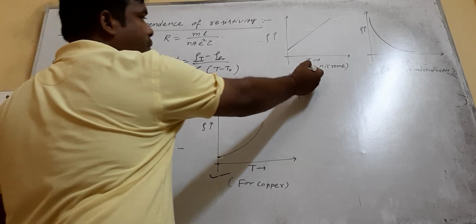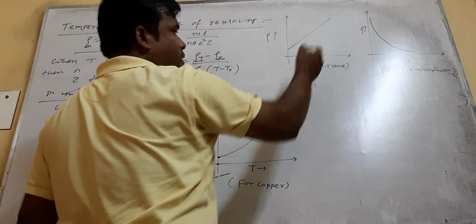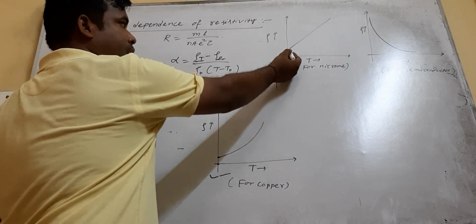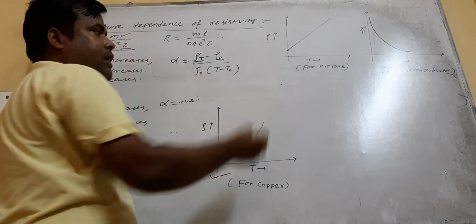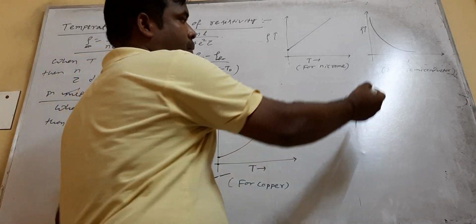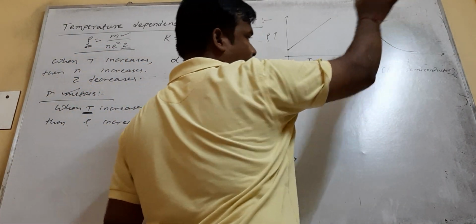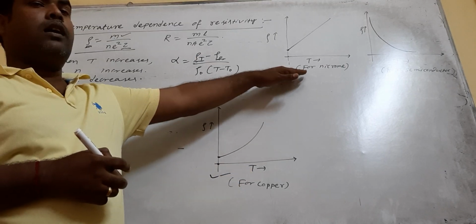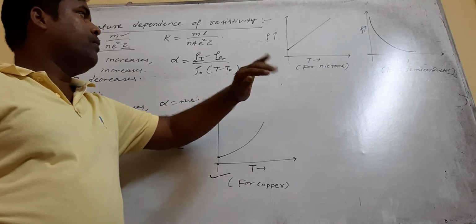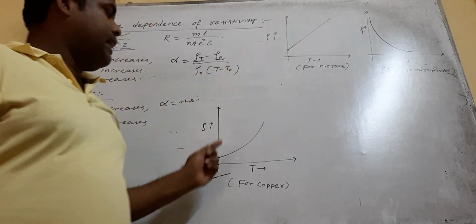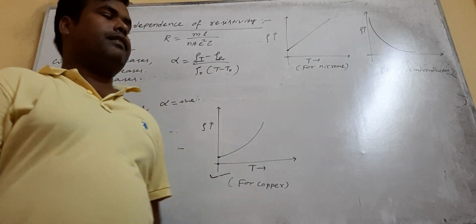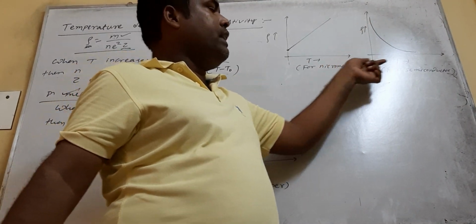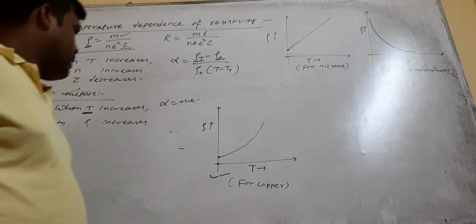Similarly for nichrome, the graph is like this, and it starts from here, because the resistivity is not 0 even at 0 temperature. And for semiconductor, the graph is like this. So you see, for metal or copper, and for alloys like nichrome, resistivity increases with increase in temperature. And for semiconductor, the resistivity decreases with increase in temperature.